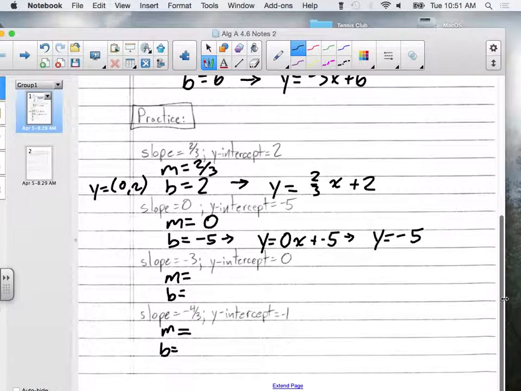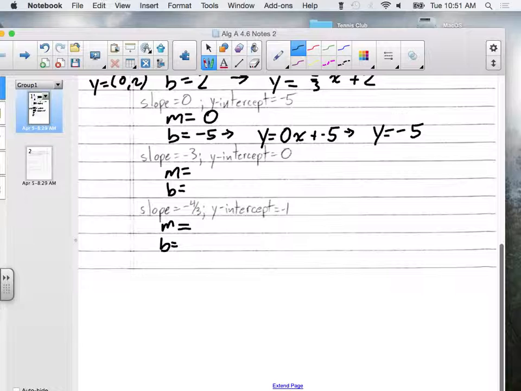Okay, so moving on to the next one. What's our m? -3. What's our b? 0. Then we have our equation. What is it? y equals -3x plus 0. Then do we need that plus 0? No, we do not. All right, so what's our y-intercept again? 0.